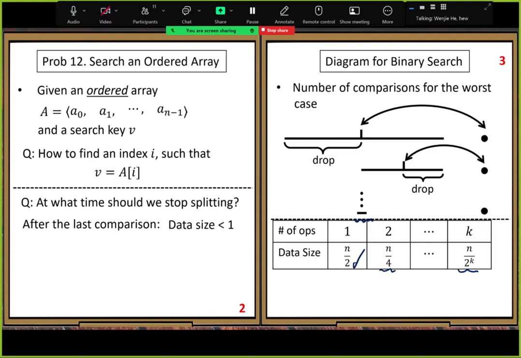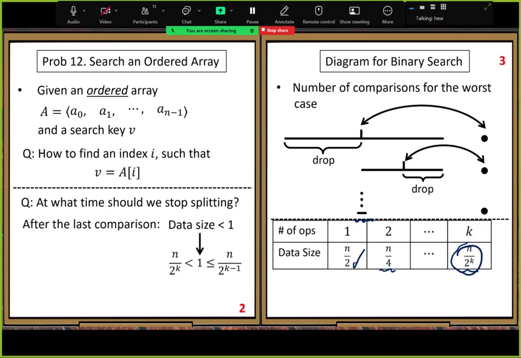Think about if the data size is strictly less than 1, then that line segment cannot cover more than 1 element. It can only cover at most 1 element. This number, the data size number, strictly less than 1 means it can only cover at most 1 element. No further split.